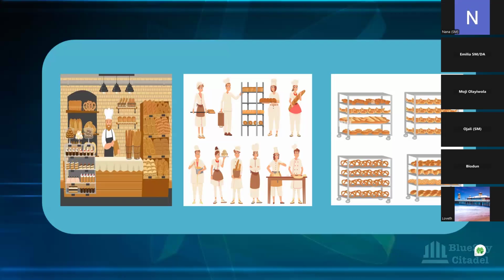So let's just assume they have 10 stores they're delivering to every single day, with 2 trolleys going to each. So that's 20 trolleys per day, and you have 10 staff.